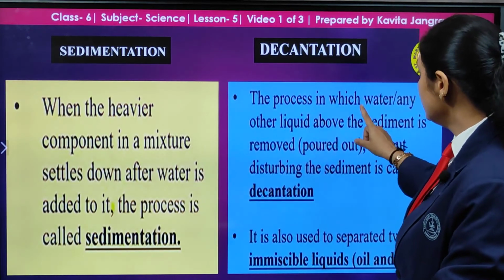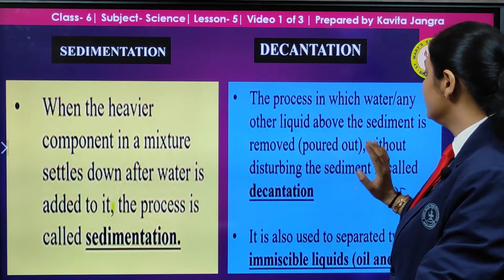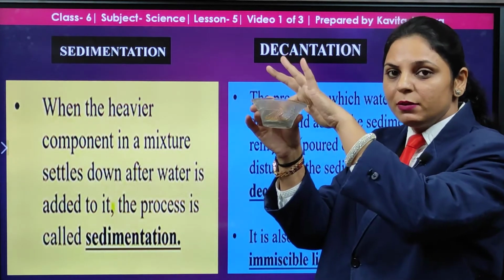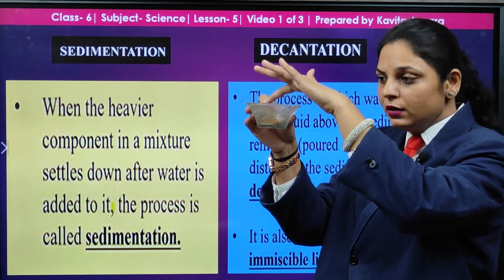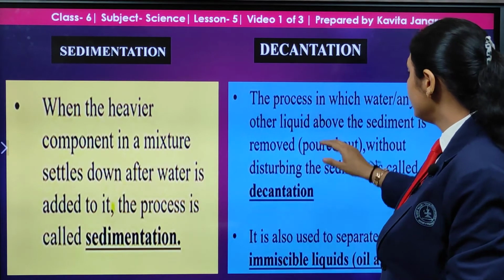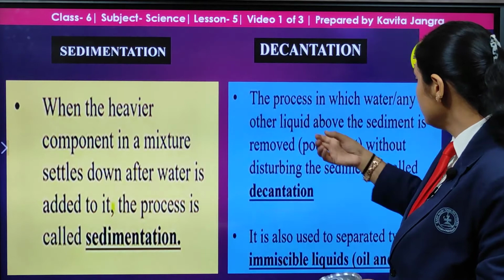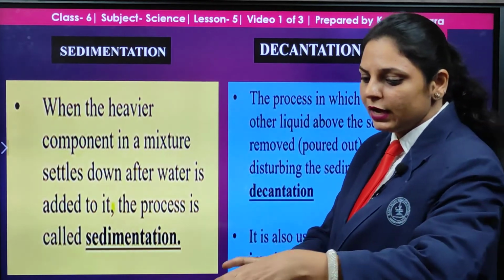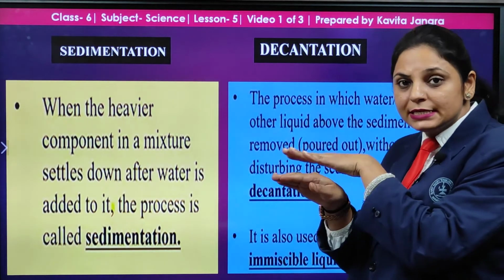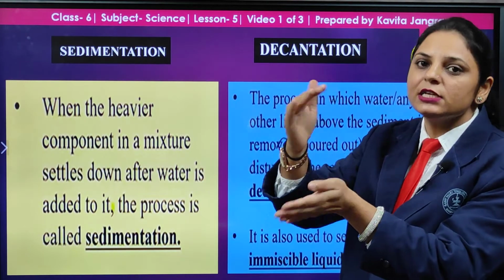And decantation is the process in which water and any other liquid above the sediment, meaning these heavy pulses that have settled down lower here while the water is floating upward, so now this heavy one is settled down and the liquid above the sediment is poured slowly out of it, without disturbing the sediment. We will not disturb the heavy particles that have settled, and slowly the water is taken out.